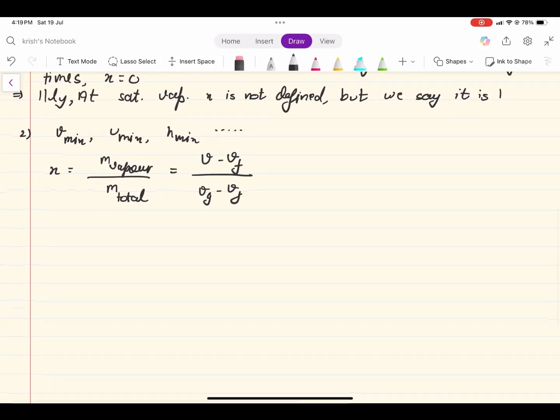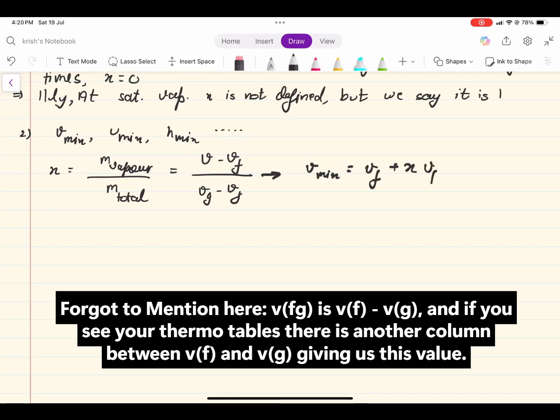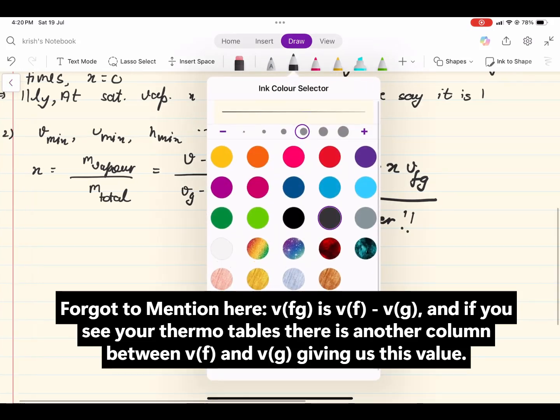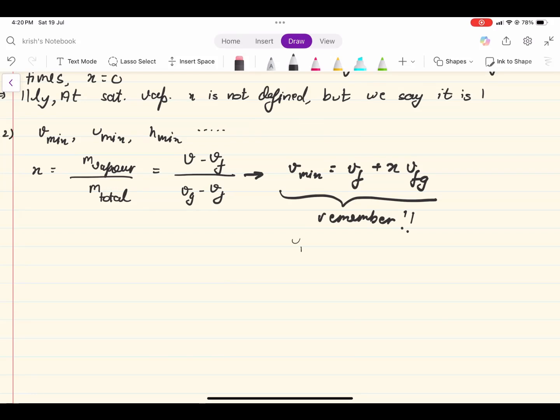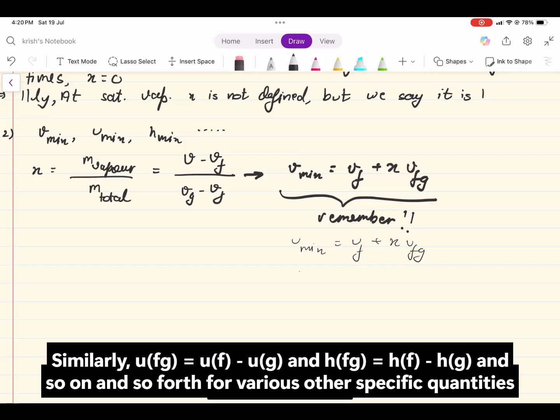Now if we manipulate this a bit, we can see that V of the mixture equals Vf plus x Vfg. This is the formula that you need to remember. Similarly, we can also say U mix equals Uf plus x Ufg, or H mix equals Hf plus x Hfg.